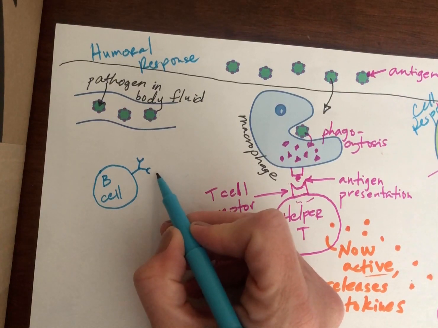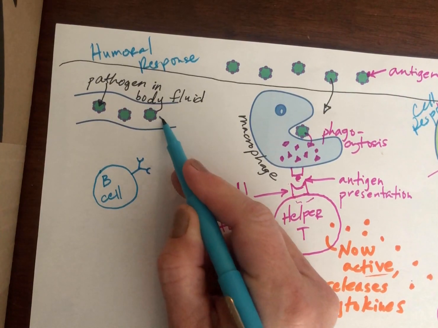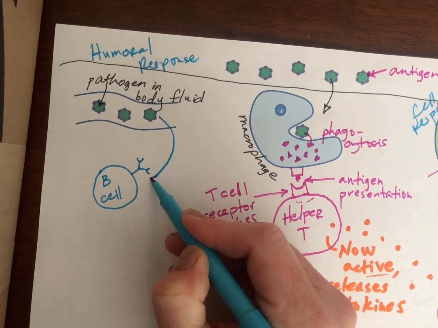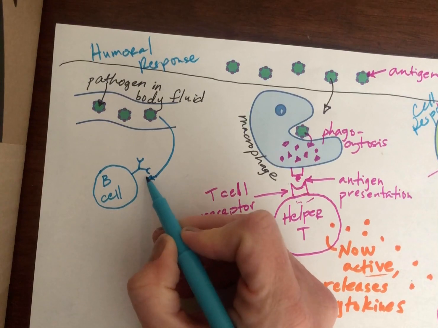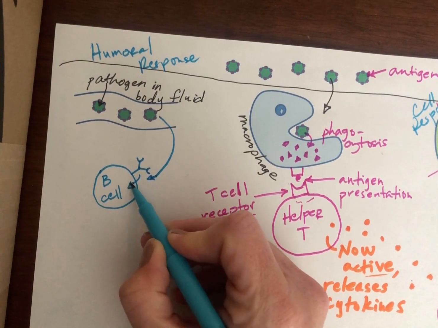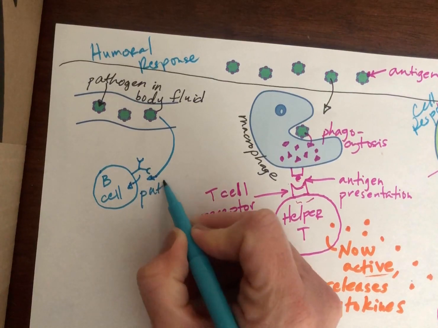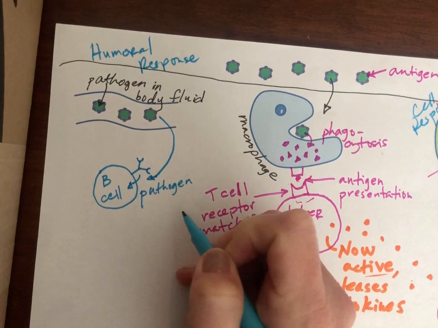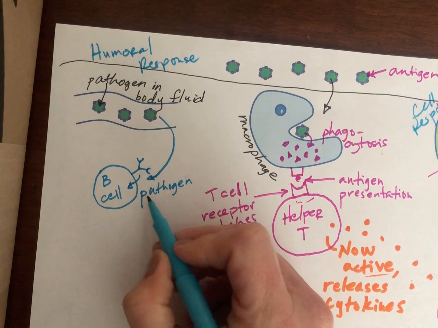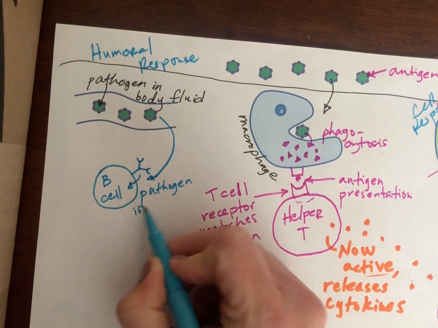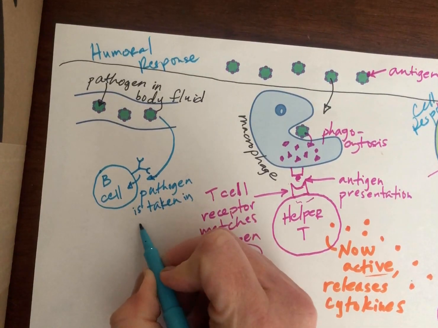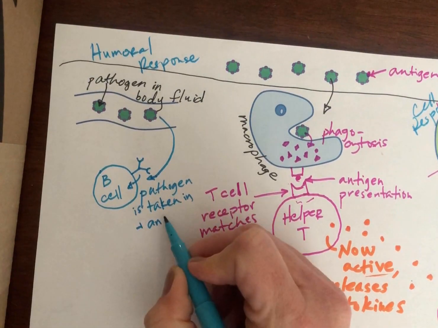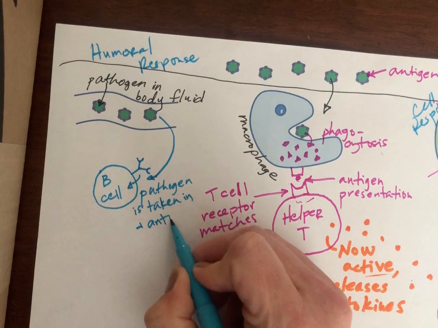The B cell receptor allows a couple things to happen. First of all, it allows a pathogen to be recognized and then taken in by the B cell. And antigen presentation occurs here too.